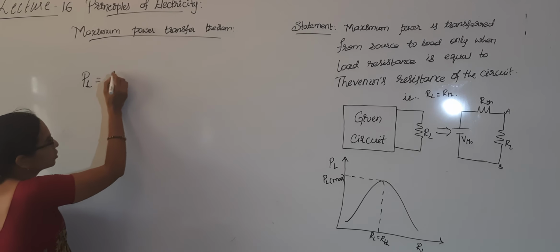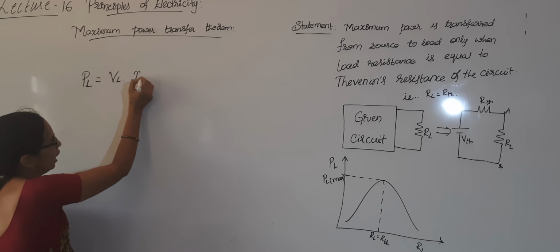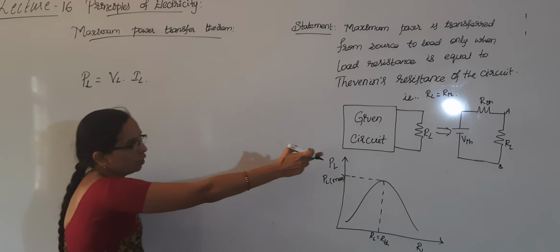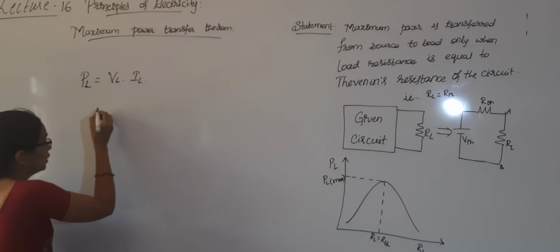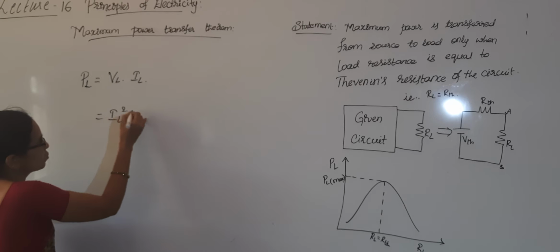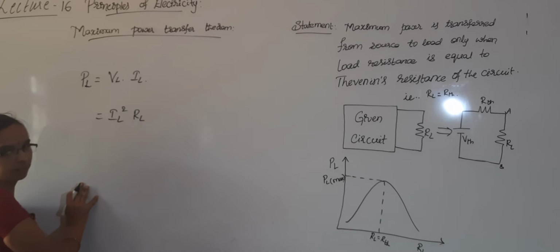PL is equal to VL into IL, where VL is the voltage across the load resistance. It can also be written as IL square RL.